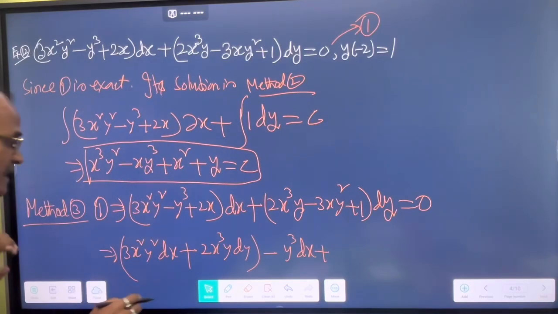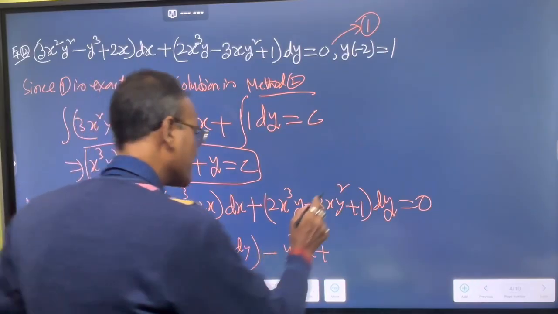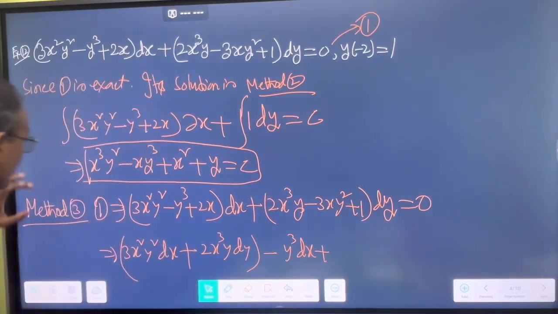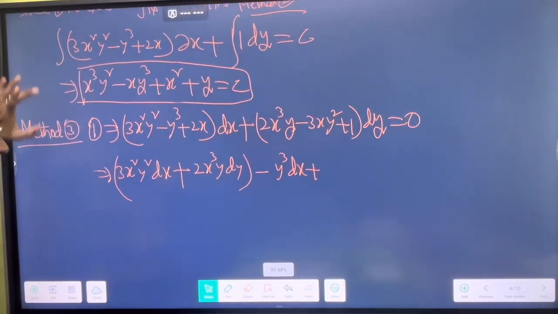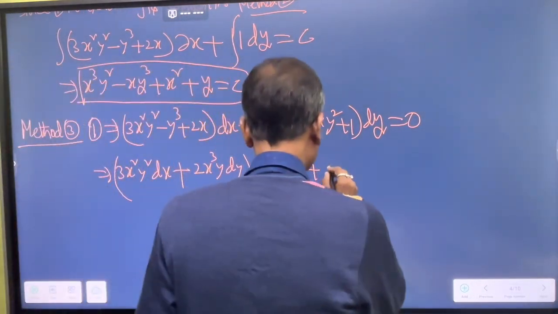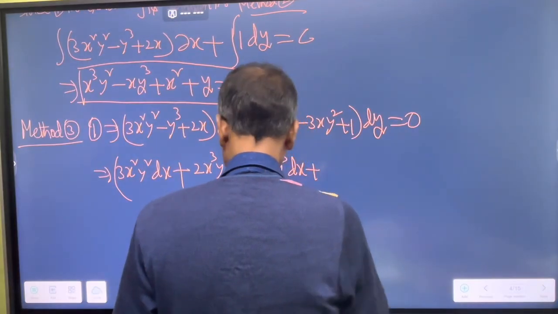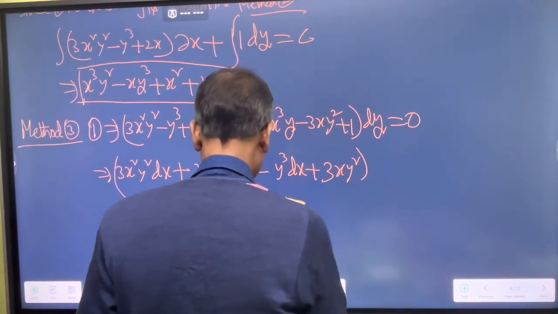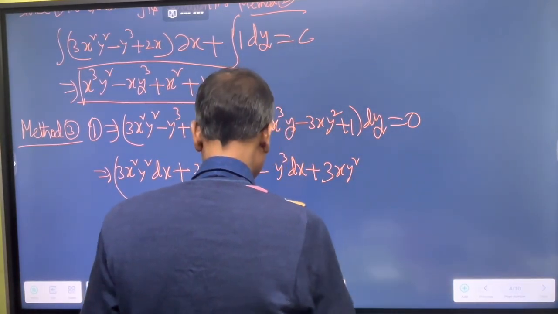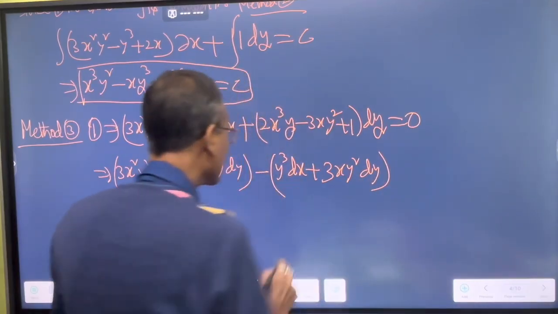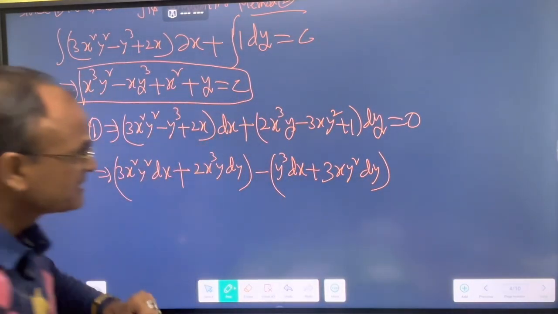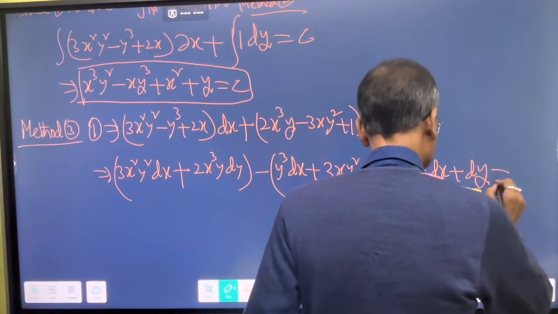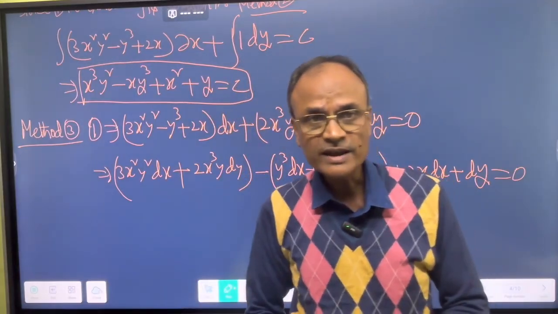Yes, it is 3xy² dy. This is minus, this is minus. Plus 2x dx plus dy. This is equal to 0. 2x dx plus dy is equal to 0.